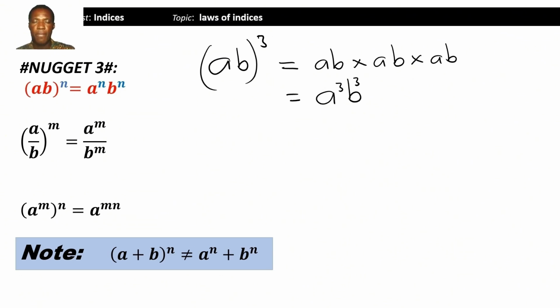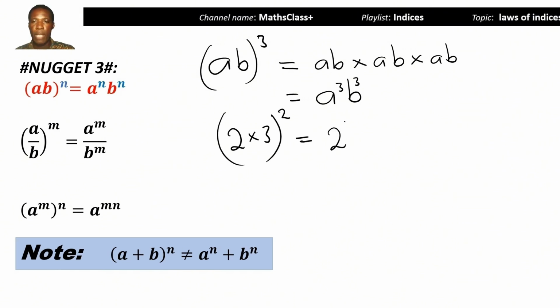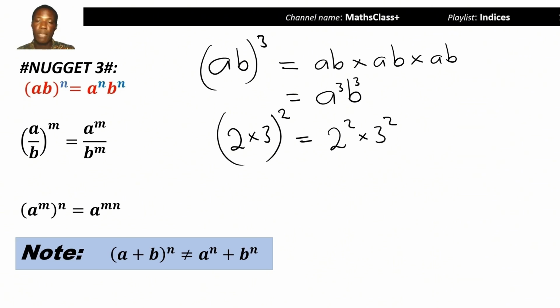So if I have 2 times 3, and then they have exponent 2, what it means is 2 to the power 2 multiplying 3 to the power 2. That's what it means. Let's see if it is true. So here, let's multiply what's in the brackets first.